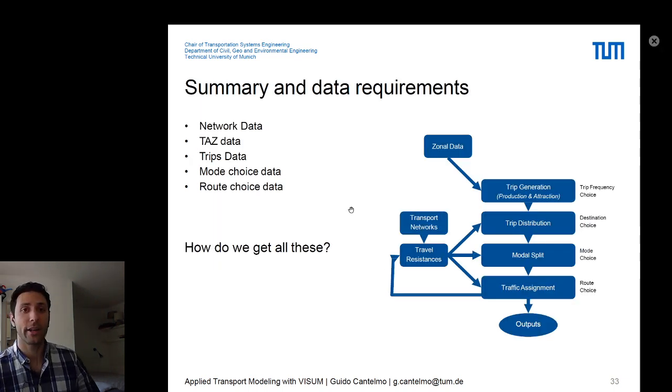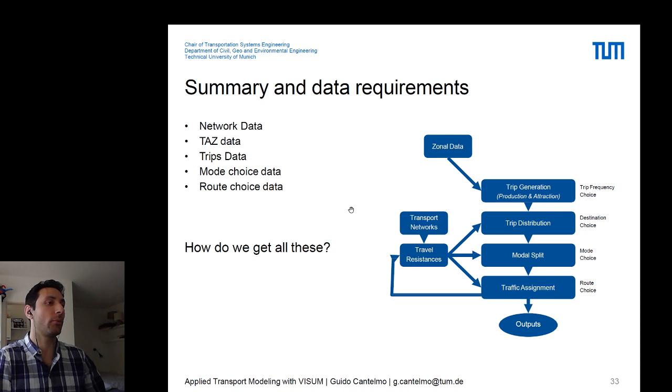So, summary and data requirements. Just to be very generic, what we need to run our Visum model is network data, first of all. That will be the first thing that we are going to analyze next week: how to obtain the network data. We showed a very nice area of Munich.